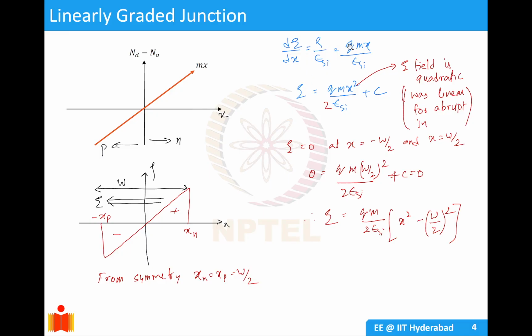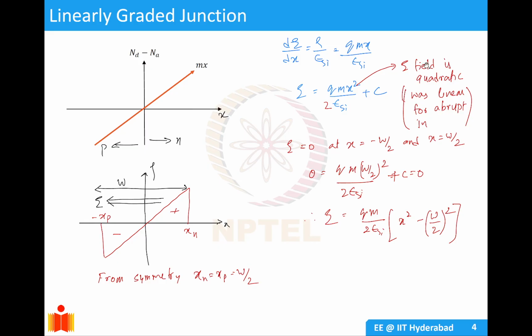So you integrate over this, and you get the electric field as q m x square by 2 epsilon si plus C. So you can see that the electric field in a linearly graded junction is quadratic, whereas it was linear for an abrupt junction.